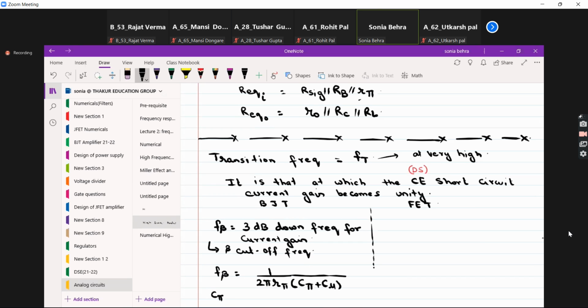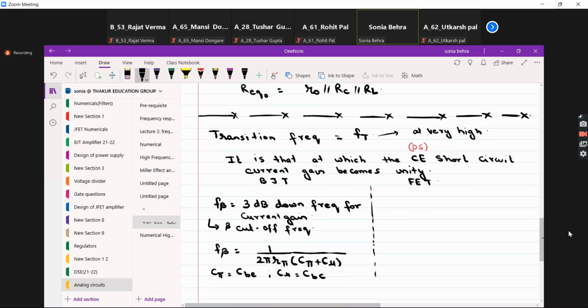We know that C pi is CBE and C mu is nothing but CBC. So it is given as 1 by 2 pi R pi (C pi plus C mu). After you find out your beta cutoff frequency, your transition frequency is given as beta into F beta.